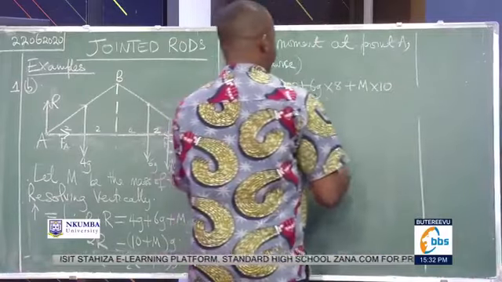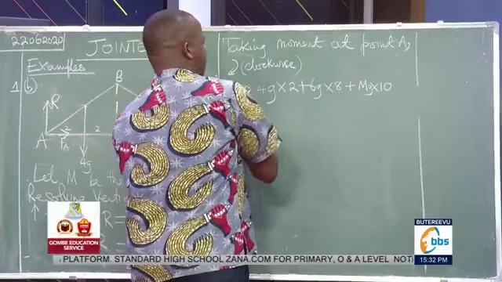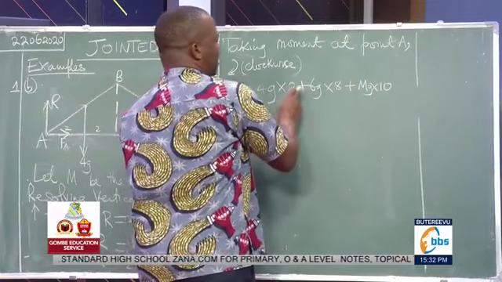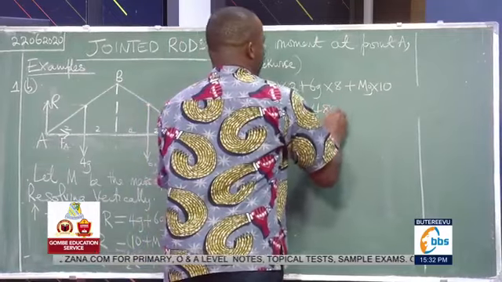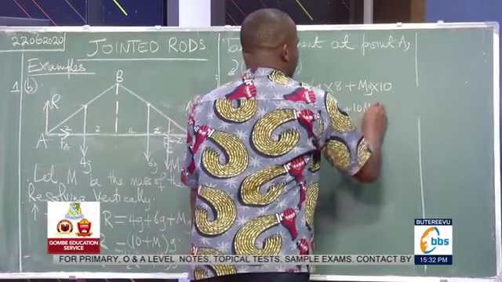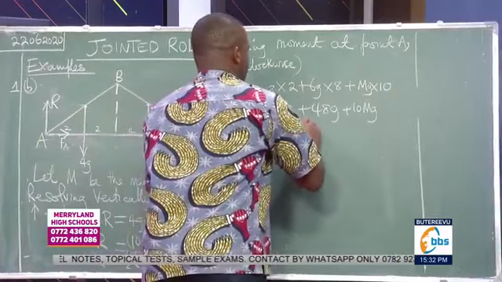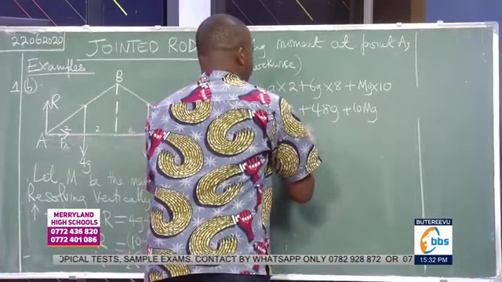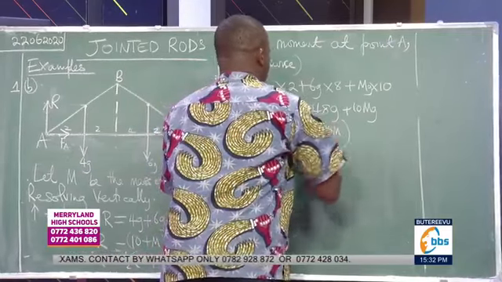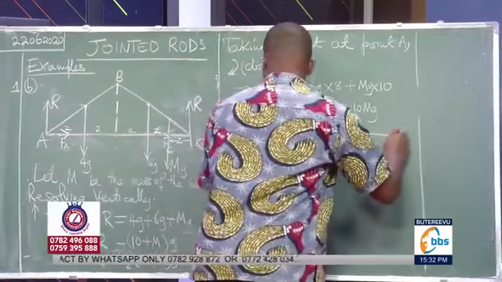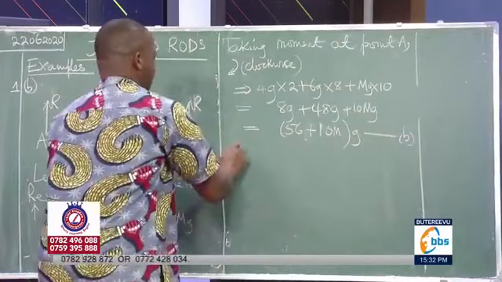So in equilibrium, there is a g here. It implies that clockwise moments will be 8g plus 48g plus 10mg. We can summarize this as 56 plus 10m all into g, and call this B. This is clockwise.